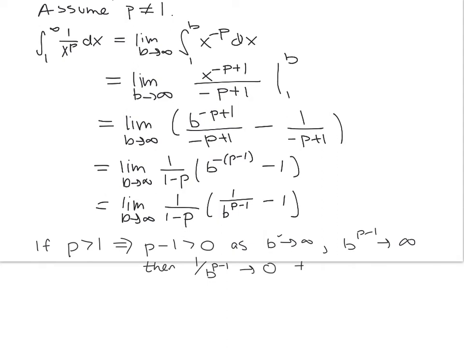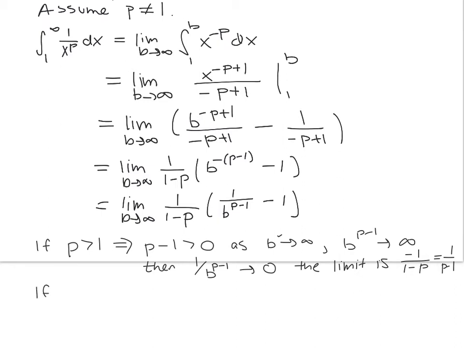And so then the limit will be negative 1 over 1 minus p. Or that's the same thing as 1 over p minus 1. You get that by multiplying the numerator and denominator both by negative 1.